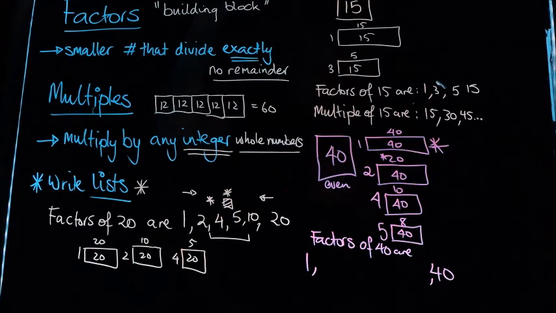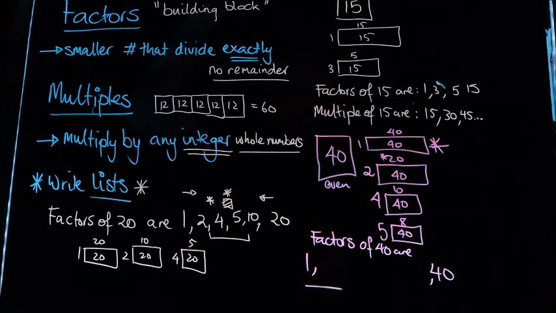The bookends will be 1 on the left hand side and the number itself on the right hand side. So always start down this end because life's easier. 2 times 20, 3 didn't go in, 4 went in 10 times, and we thought about 5 and 8.